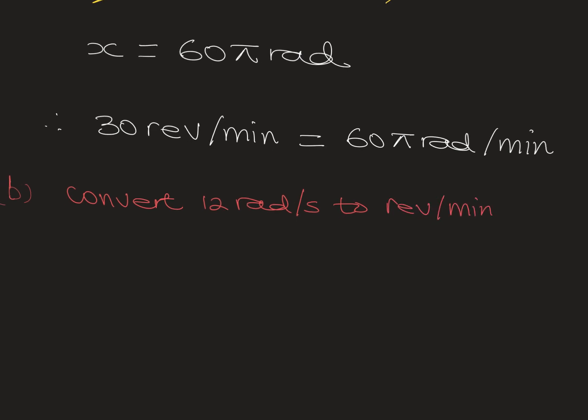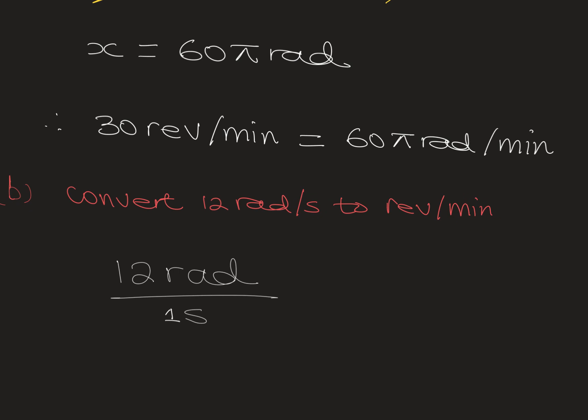Okay, so it is 12 radians per second. If you want, you can say 1 second. We want to convert it to revolutions per minute. So if you look at the time, it has changed its units from seconds to minutes.